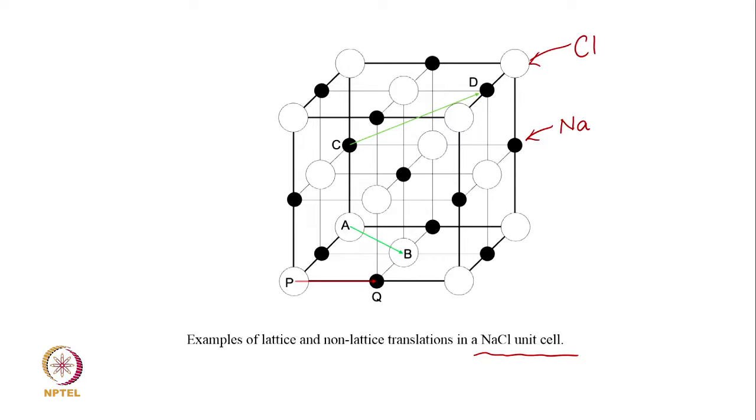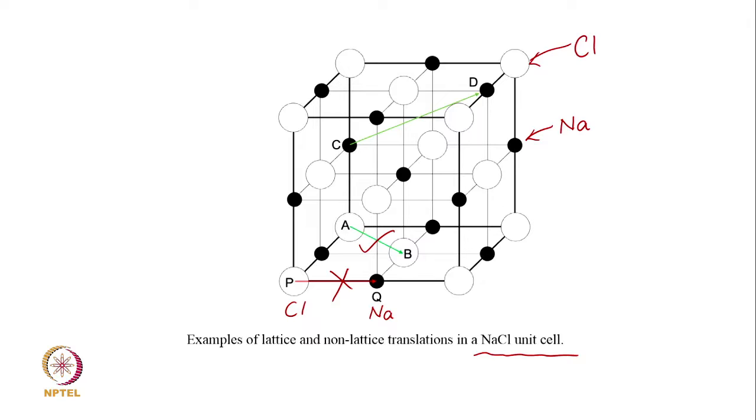No. Why not? It takes me from a chlorine to a sodium, so it does not take me to an equivalent site. Equivalence requires that I go from chlorine to chlorine. So, twice this vector will be a lattice translation, but this vector is not. A to B, yes. C to D, yes. You have to look a little carefully.